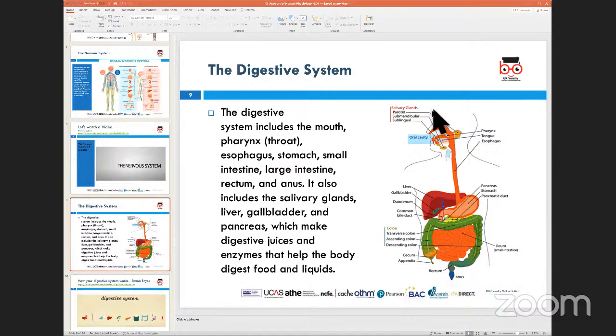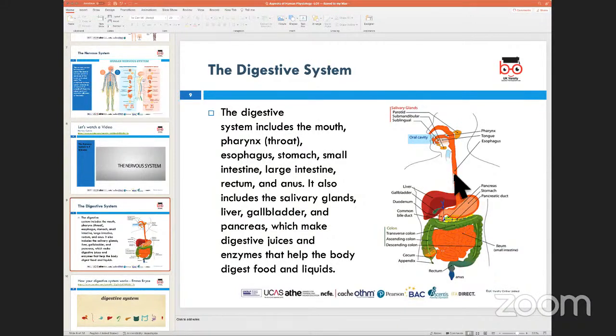Now, all this is a part of what is called the digestive system. There are so many different organs which are working together to help your body digest food. It starts with the salivary gland, the oral cavity, the food pipe. You look at the liver, pancreas, gallbladder, duodenum. You look at the small intestine, large intestine, rectum, anus, and the colon, which is basically the pipe through which the food actually travels.